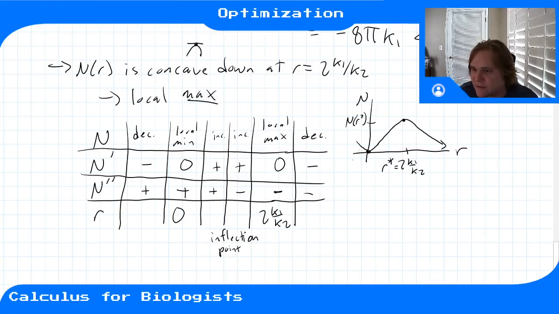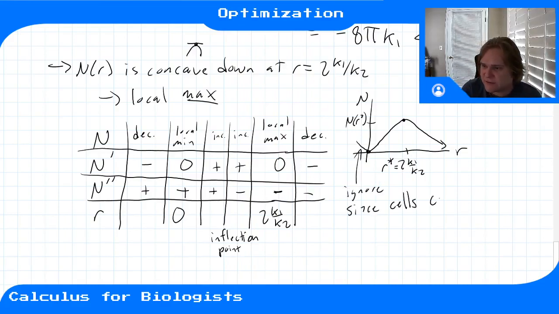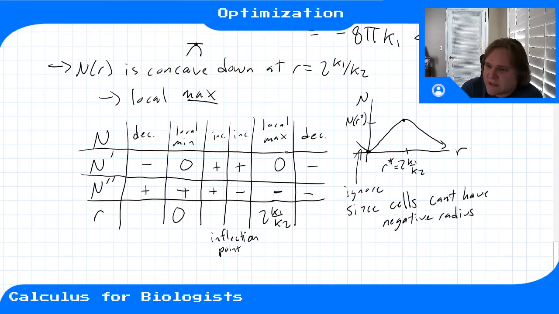And over here, we can ignore, since cells can't have negative radius, so that's unphysical. So then, because it's increasing up to this local maximum and then decreasing from then on, and it's never going to go back up to increasing, we know that this is the global max.